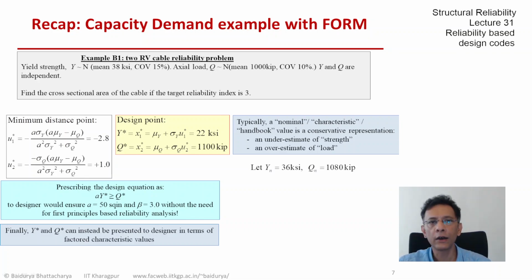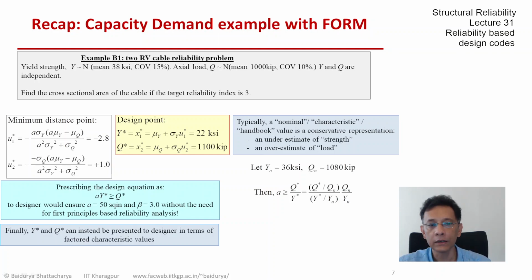For this example, without going into the statistics and what percentile of the distribution should be the characteristic value, let's just say arbitrarily that yn is 36 ksi and qn, the nominal load, is 1080 kip. So the nominal load is a little higher than the mean load, and the nominal yield strength is a little lower than its mean. With those, we can recast the requirement that A has to be at least equal to Q star over Y star in terms of the nominal quantities.